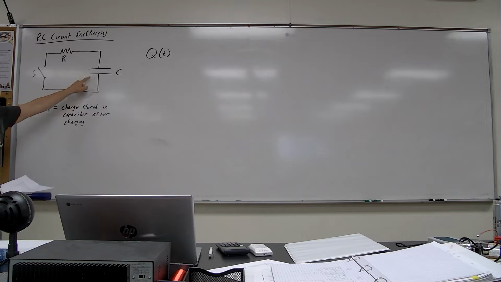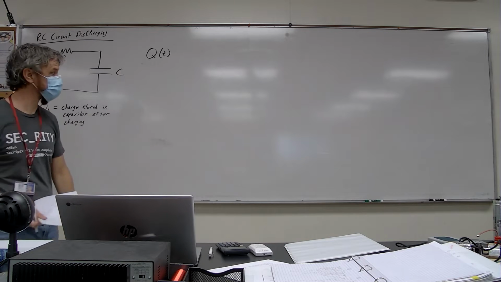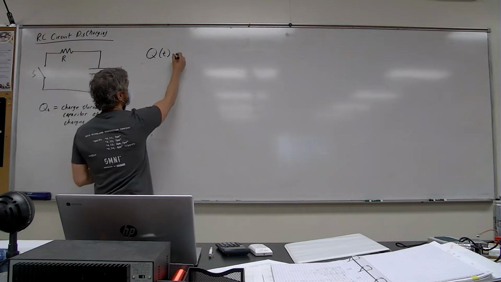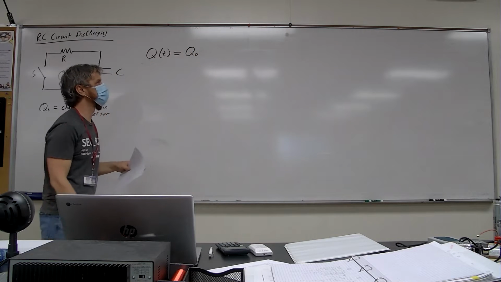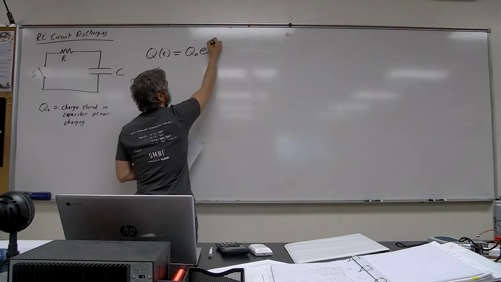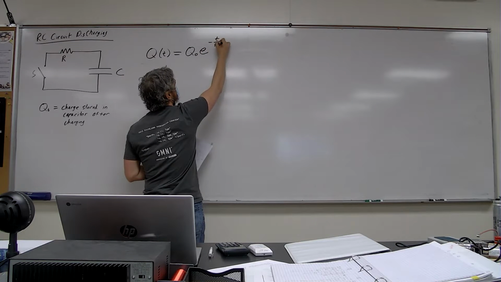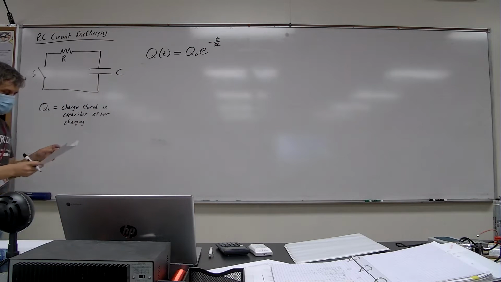And so the capacitor starts with the total amount of charge Q naught. That's the charge stored in the capacitor after it was initially charged. And now it will discharge. It will start with an initial charge Q naught, and then that charge will decay according to this equation right here.